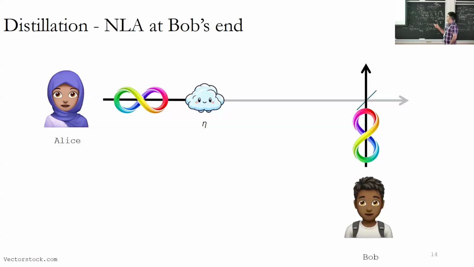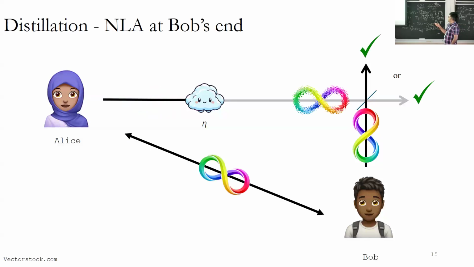So what happens is we have this interference between Bob's ancilla state and Alice's state going through loss, and if and only if there is one click in this heralding station, then there is an entanglement shared between Alice and Bob.